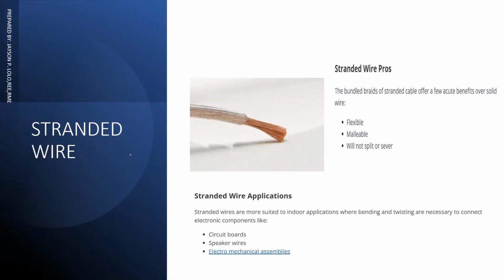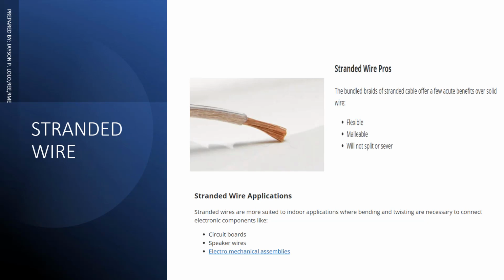So let's discuss the stranded wire. Stranded wires offer a few acute benefits over solid wire. They are flexible, malleable, and will not split or sever. Because they are bundled, stranded wires are relatively more flexible, intricate, and delicate.